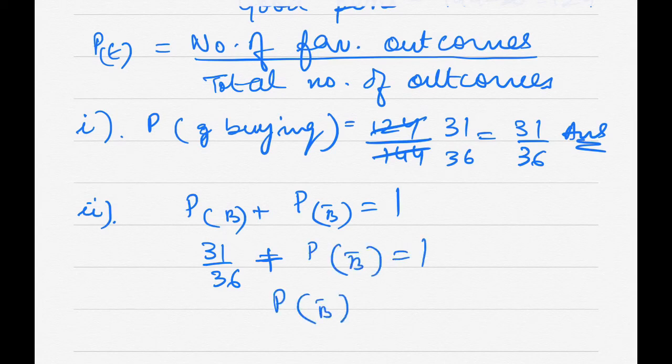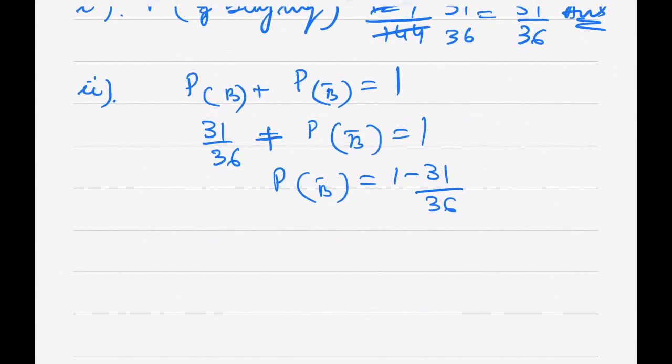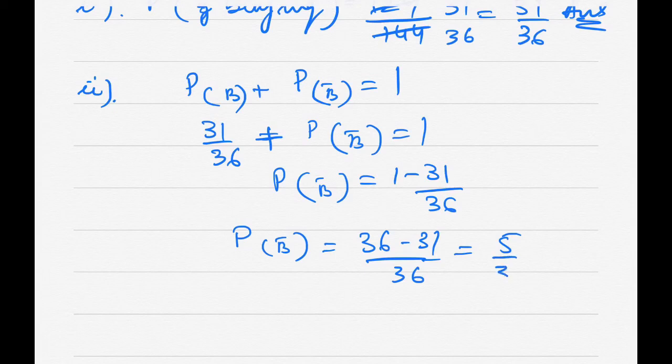So the probability of not buying will be equal to 1 minus 31 by 36, which is 36 minus 31 by 36, so 5 by 36. That will be my answer for this one. She will not buy if it is not a good pen.